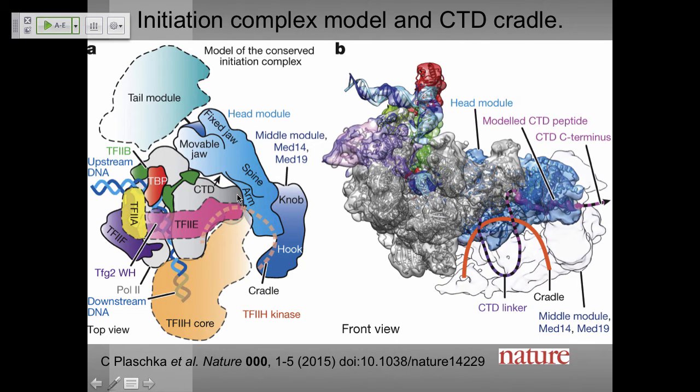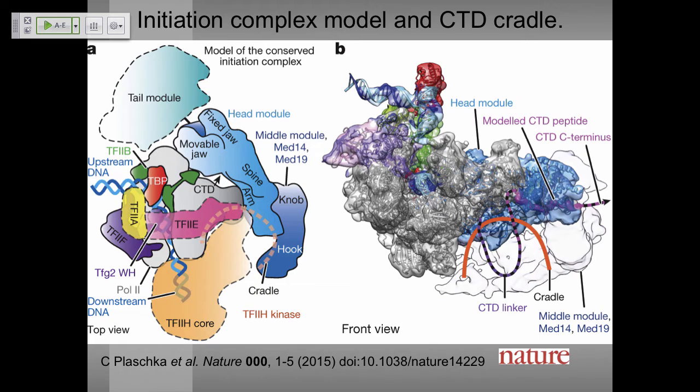And nobody knew what the C-terminal domain actually looked like until we had a structure for this. This is literally from last year, published a little before it came out in print. The main thing here is not so much where the CTD is, but to give you an idea of how ridiculously complicated this whole structure is.